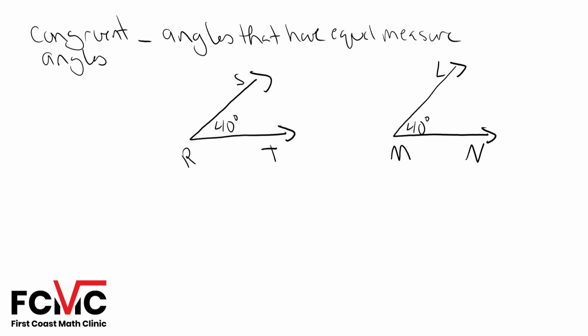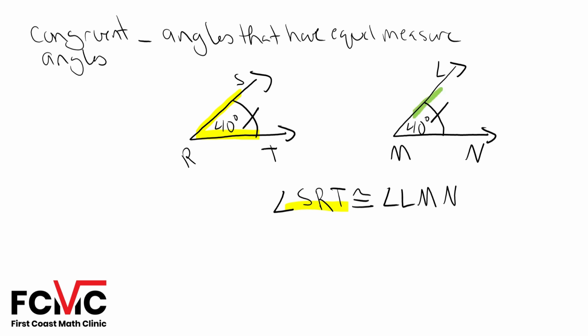We can say that angle SRT is congruent to angle LMN. The way we're going to mark this off on our figure is we're going to put an arc and an arc in the interior of our angle, and then 1 slash and 1 slash. So we've got our angle here, SRT, congruent to our angle here, LMN.